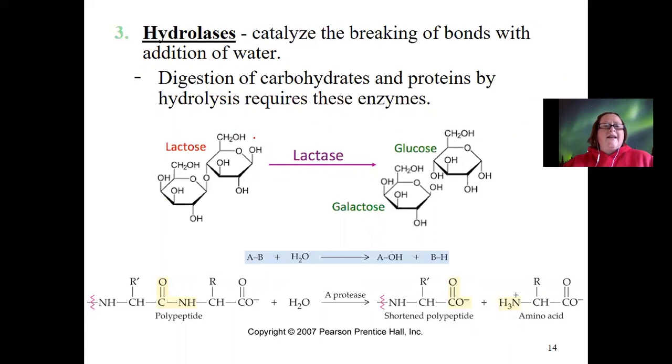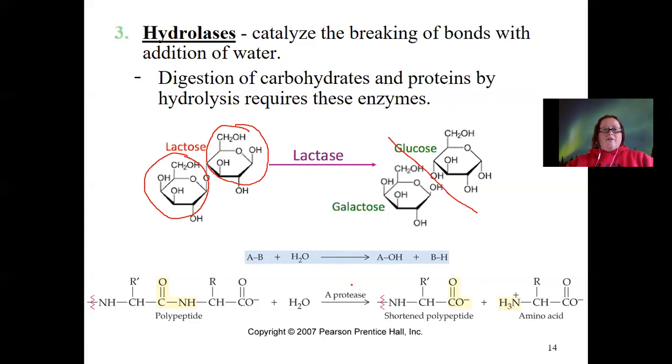If we take in lactose, which is a disaccharide, so this is one sugar unit, and this is another sugar unit, and you can see they're connected. So lactose is a disaccharide, and lactase is the enzyme that works on it, and it breaks it down into 2 separate molecules, galactose and glucose. Now, if your body is limited in the amount of lactase it has, you may be one of the individuals that are lactose intolerant.